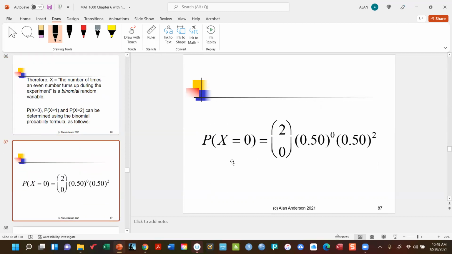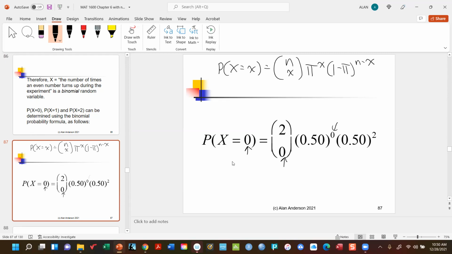So here's the first case. Now remember, the formula tells us to do this. This is the lowercase x. That goes here, here, and here. Actually, this is x. This is n minus x, which is 2. Because remember, n is 2 and pi is 1/2.